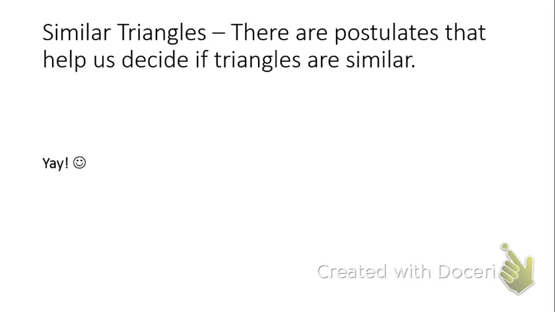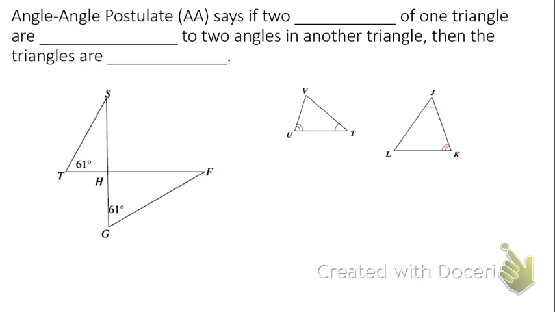So our first one is angle-angle. The angle-angle postulate says that if two angles of one triangle are congruent to two angles in another triangle, then the triangles are similar.